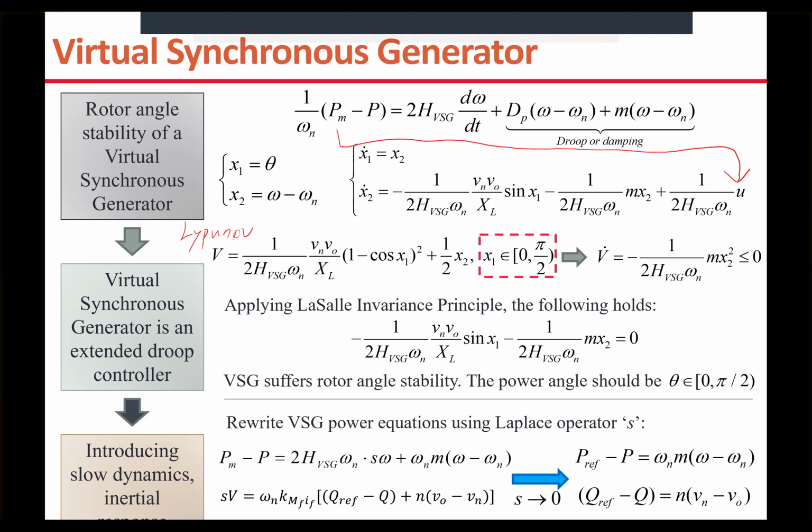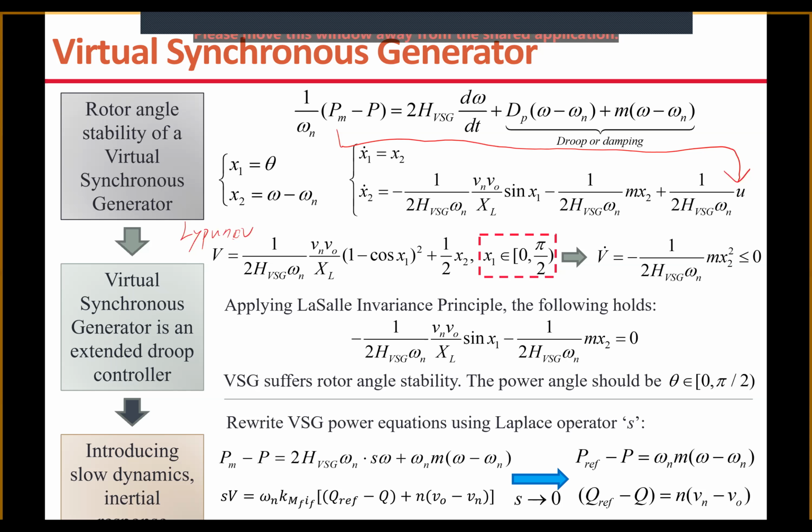And we can prove that using VSG control, we will have similar stability behavior as a synchronous generator. It also suffers from the rotor angle stability, or transient stability, issue like the synchronous generator.